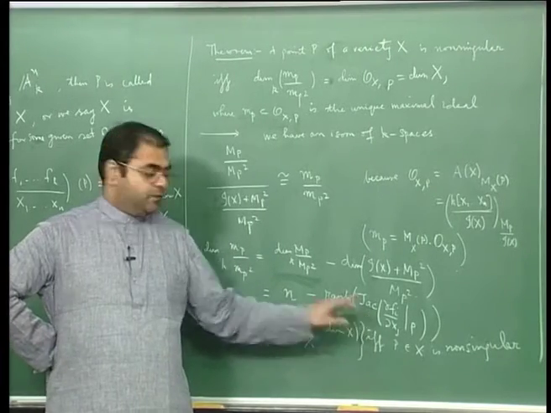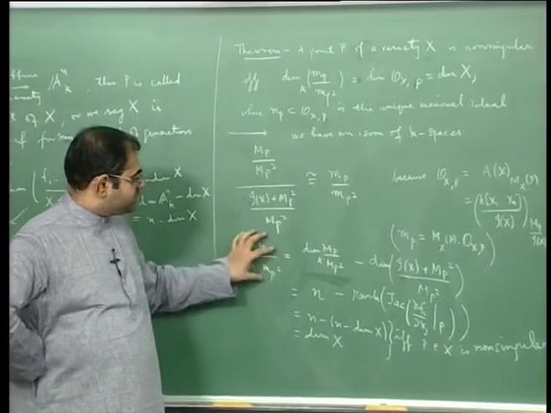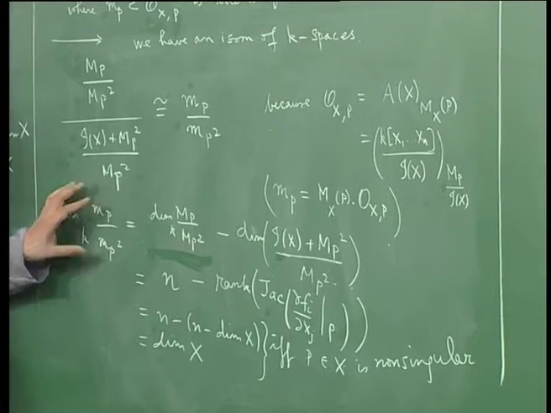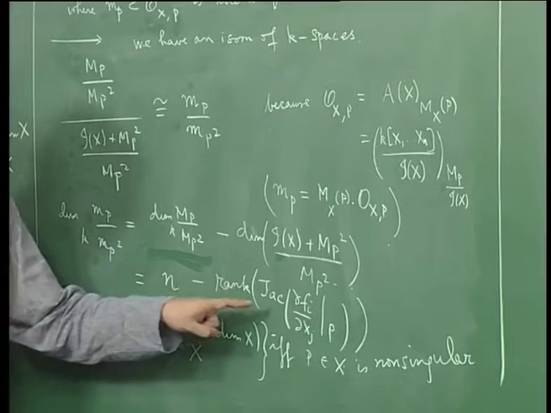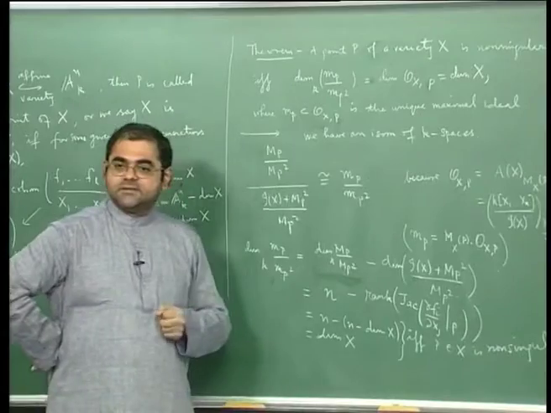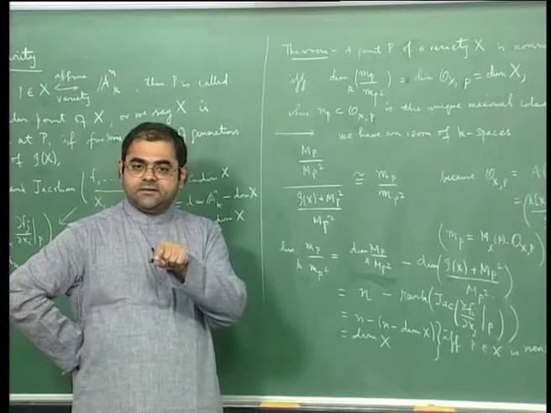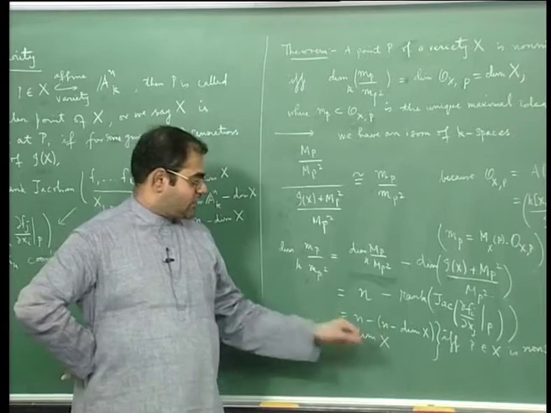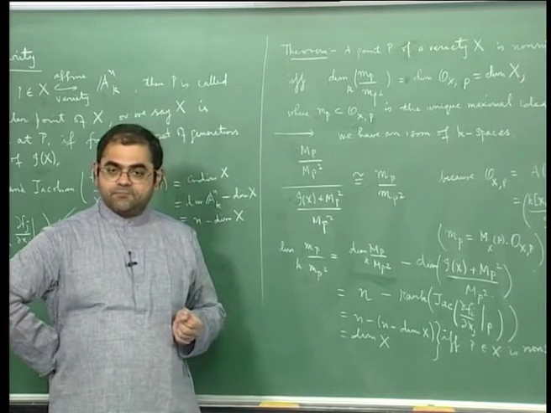So the moral of the story is that this gives you the tangent space, and this actually calculates the normal space. This is a set of normal directions at that point in the ambient space in which this object is sitting, okay.